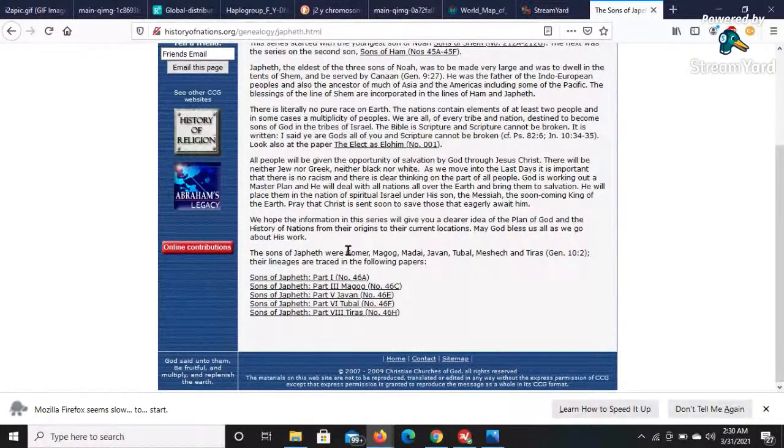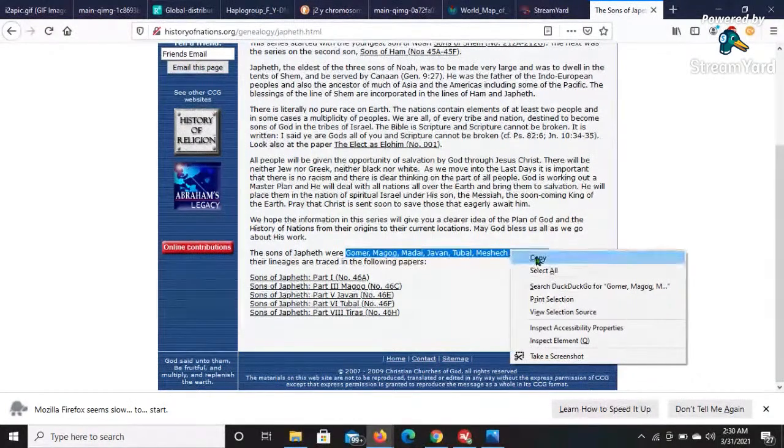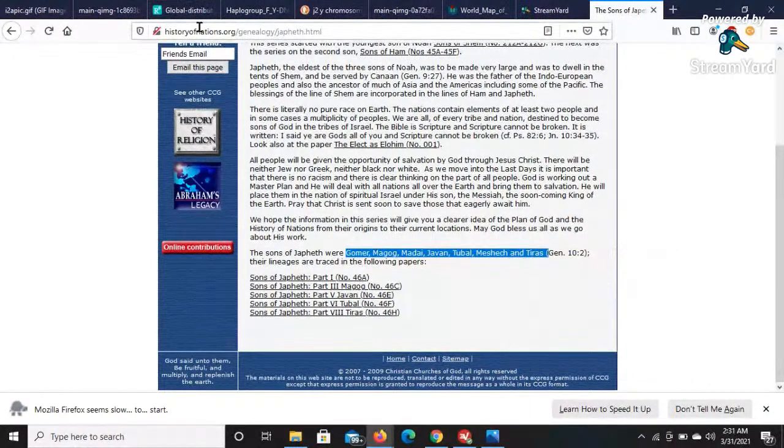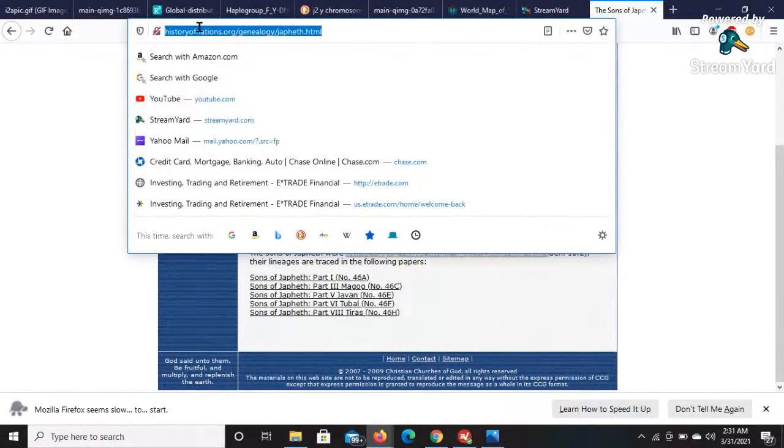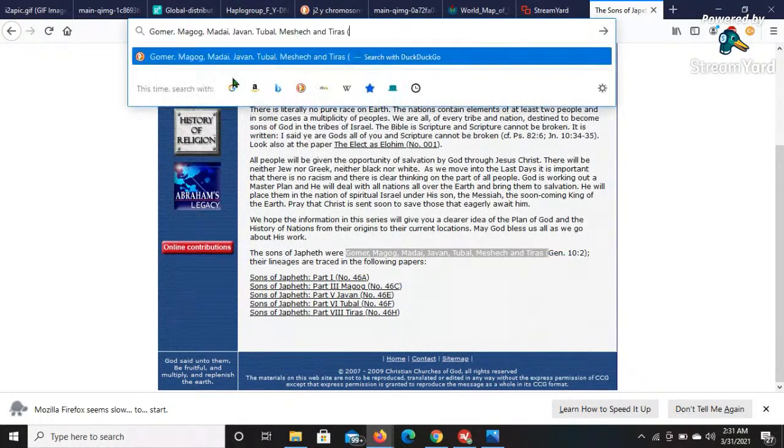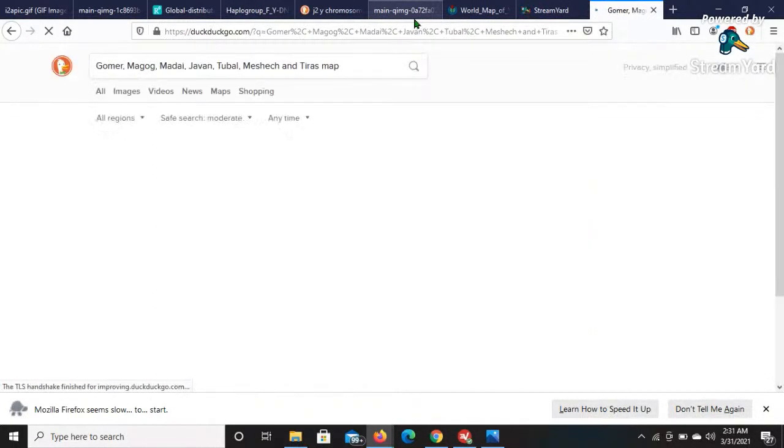So if we have any of these names here, actually, we could do a word search here. See if we can find this area. Just put this paste here and put map. See if we can get a map of these people here, these names here.